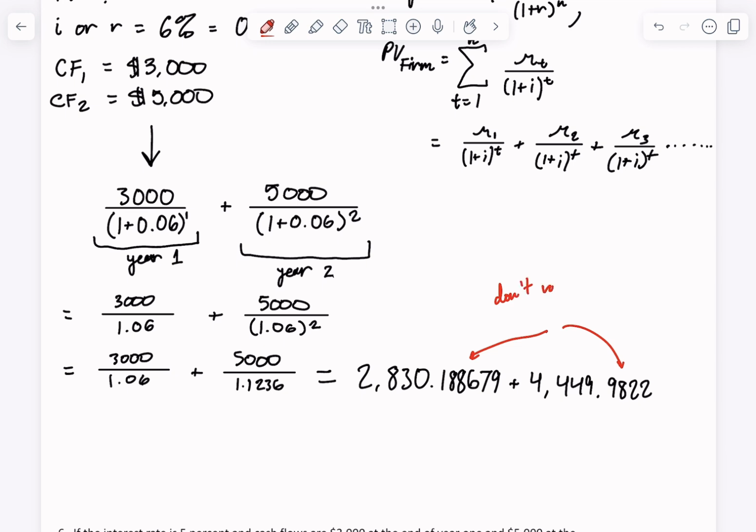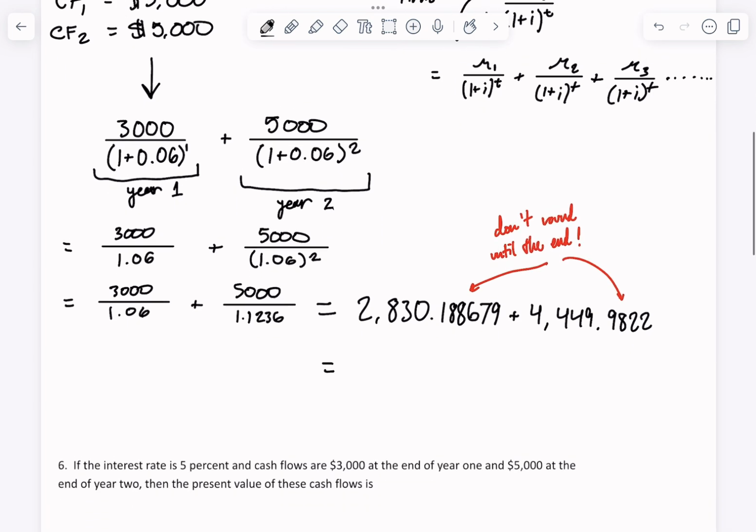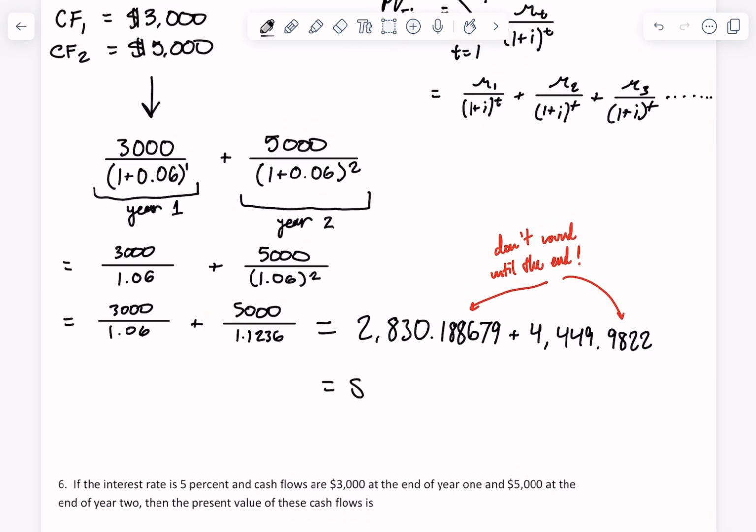So you want to make sure you don't round until you get to the end, because if you do, then your final answer will be very different from the actual answer. So from this step, you'll just add the two, and the final answer for your present value of your cash flows for the firm is going to be 7,280.17, and that will be your final answer for the present value of the cash flows of the firm.